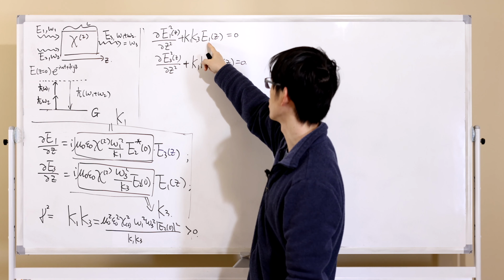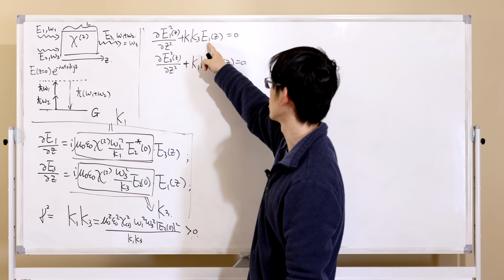So let's look at it. The derivative of E3 over z, according to this equation, is i K3 E1(0). It's a known number.